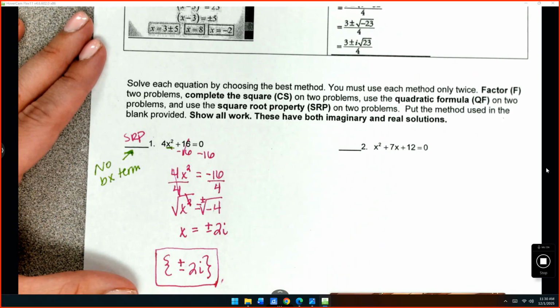Okay, so number 7, okay? It might be a good idea to rearrange these terms so it's in standard form. So if we move 10x over here, it'll be negative. So x squared, this will be minus 10x plus 30 equals 0.